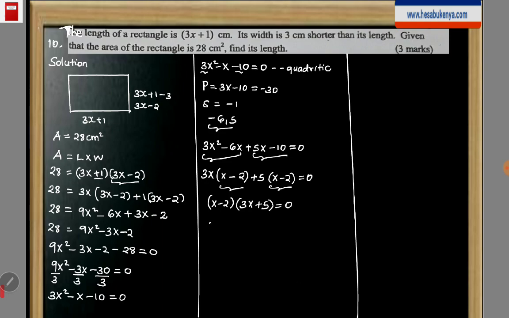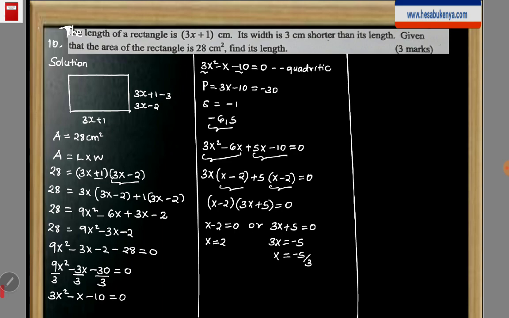So either x minus 2 is equal to 0 or 3x plus 5 is equal to 0. So in this case, x will be equal to 2, and then 3x will be equal to negative 5, which gives us x to be equal to negative 5 over 3.